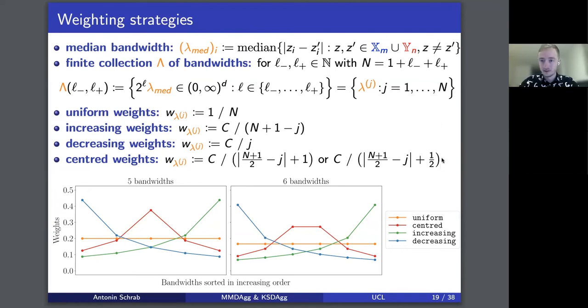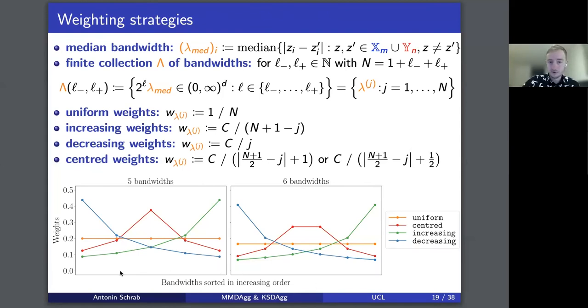So this is how they're defined mathematically, but I guess it's easier to understand with a plot. So here we plot those weights for 5 bandwidth and for 6 bandwidth, where on the x-axis is our bandwidth sorted in increasing order, and the y-axis are our weight values.